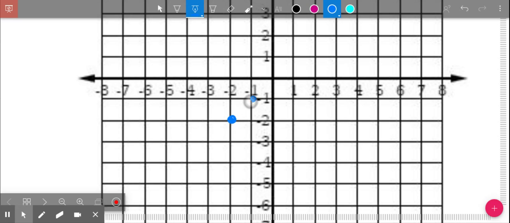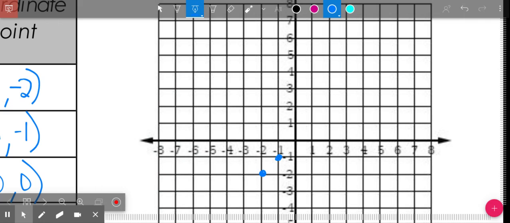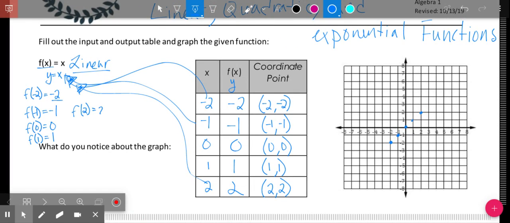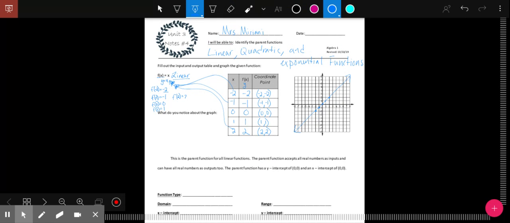Now we're going to plug in the -1. So we're going to have f of -1 is equal to, instead of x, it becomes a -1. We're going to do the same for f of 0. Instead of x, it becomes a 0. I'm sure you guys are seeing the pattern right now.